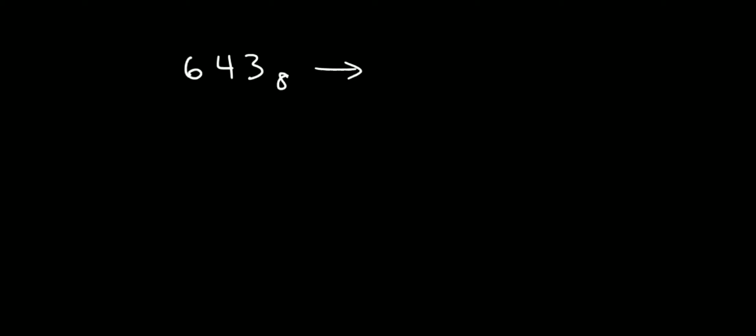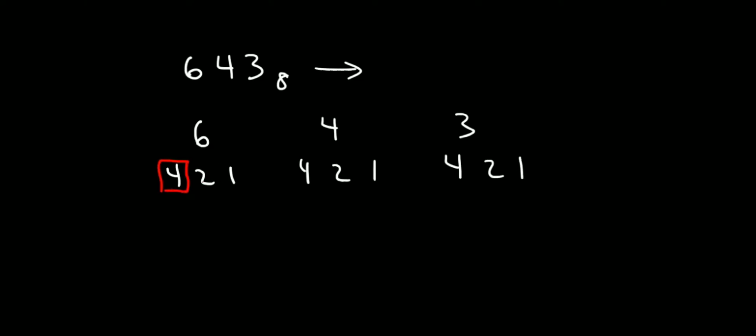Now the last example: 643. Again write it separately. Represent 6 in 3 bits, 4 in 3 bits and 3 in 3 bits. Now how will we get 6? 4 and 2, so write 1 1 0. How will you get 4? Write 1 0 0, simple.